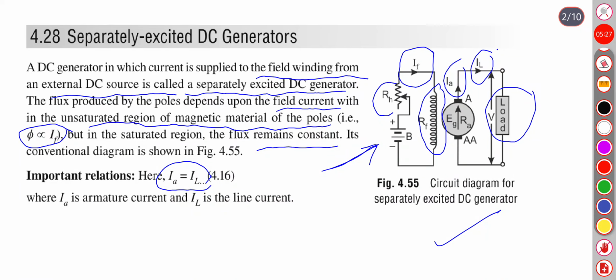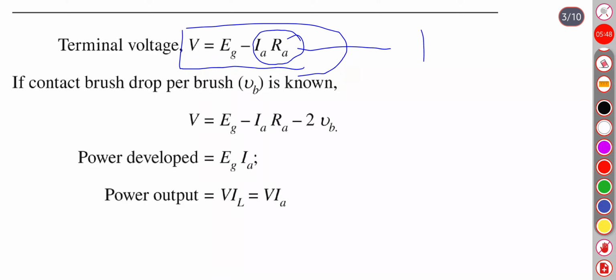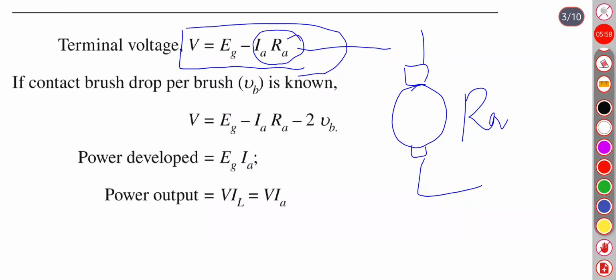So IL equals Ia, and the terminal voltage V equals Eg minus IaRa, where IaRa is the voltage drop across the armature. Ra is the resistance of the armature winding and Ia is the current passing through the armature.